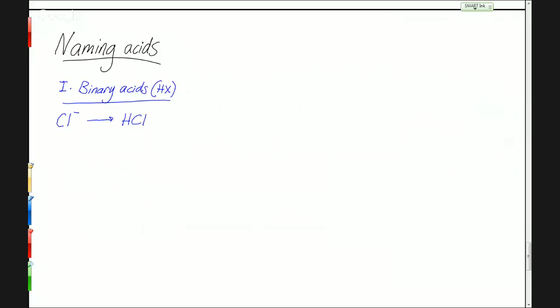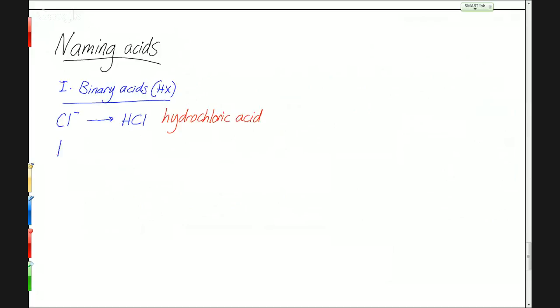And then we would call that hydrochloric acid. So chloride becomes hydrochloric acid. It's strong. And that's a strong acid, right?